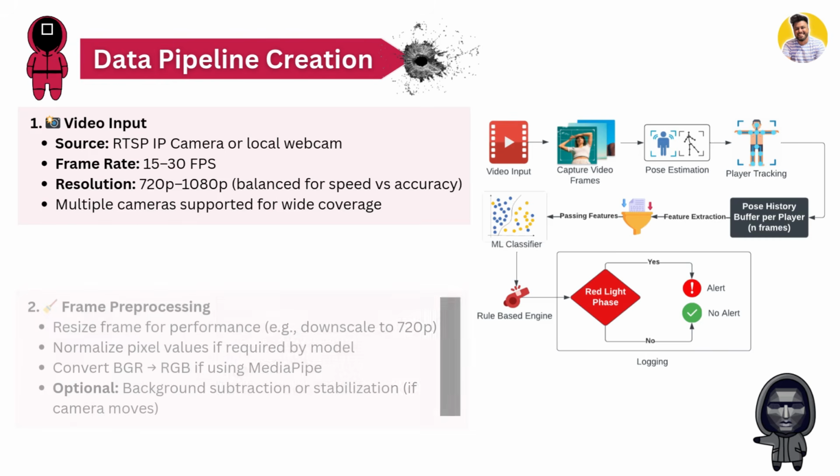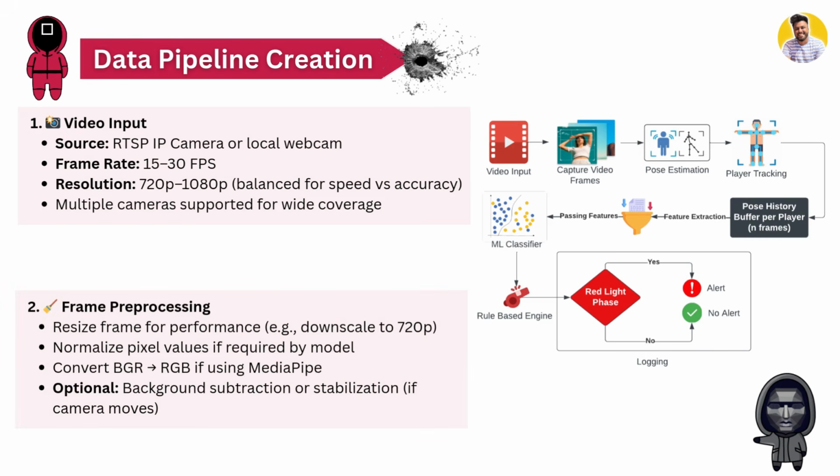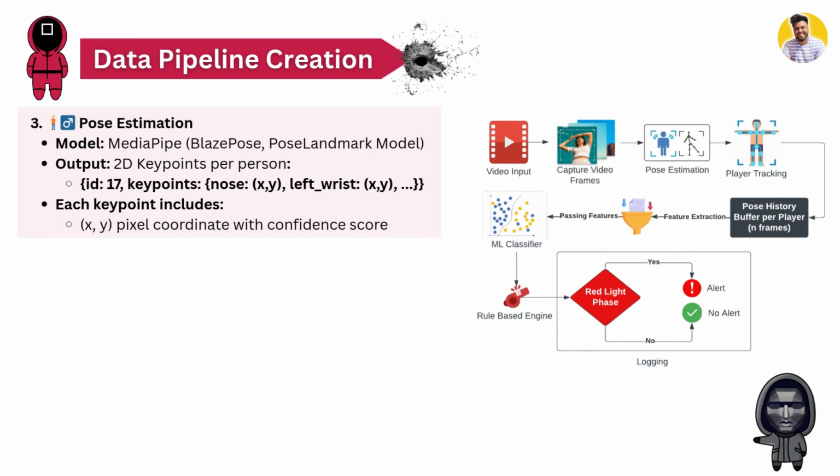And for each frame, we do the frame processing. That is, we can resize the frame, we can normalize the pixels, we can convert BGR to RGB, and one optional thing that we can do is background subtraction or stabilization if the camera moves. And then the next thing is feature extraction for the pose estimation.